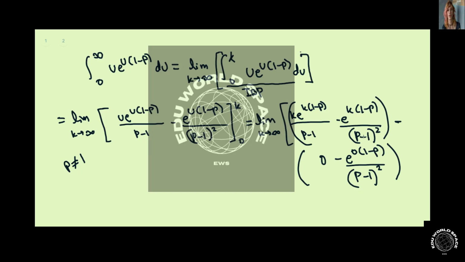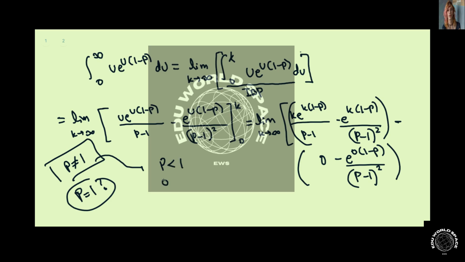So p equals 1, we'll deal with that in a moment, but let's not worry about this case right now. So right now we're assuming we're in this case so that all these fractions are defined. Now let's consider two cases. So p is not equal to 1, so we have either p less than 1 or bigger than 1. So let's assume for the time being that it's less than 1 and see if the integral converges.